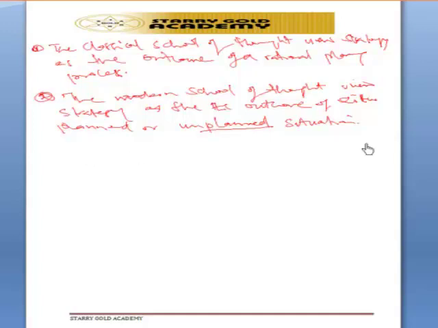Then the second question says, what is corporate strategy and its usefulness to a manager? Question number 2. First, we have to define corporate strategy. In that definition, you must state the following; that is, the following must be present.